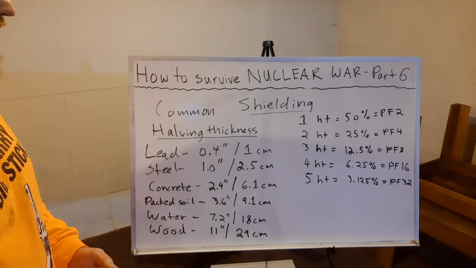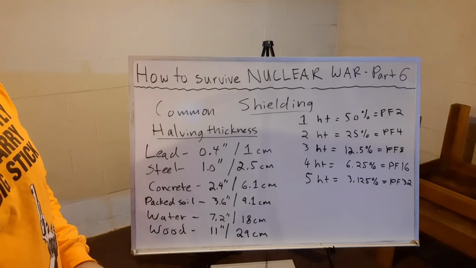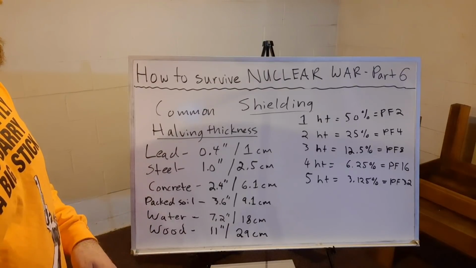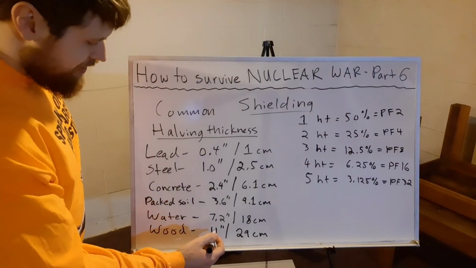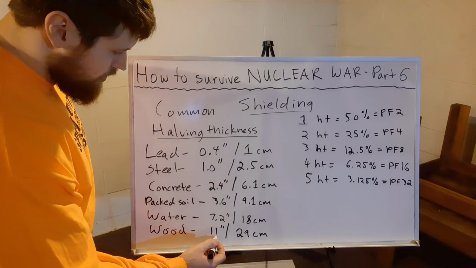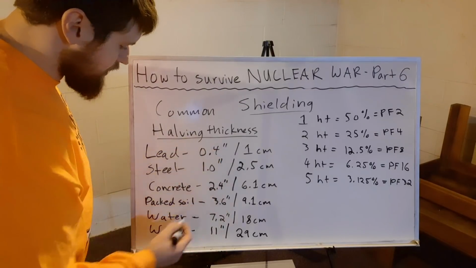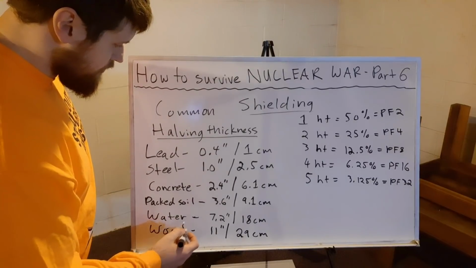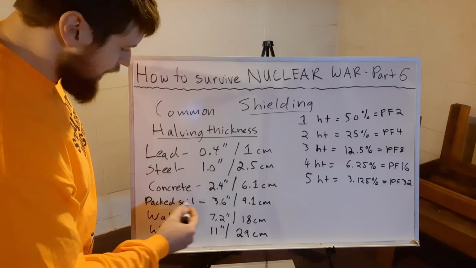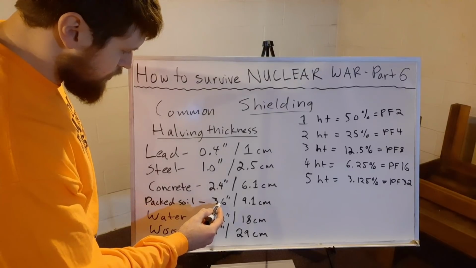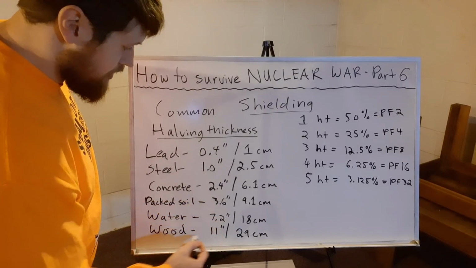You can use those as radiation shielding to build yourself a field expedient fallout shelter. But again, it takes 11 inches of wood just to get 1 halving thickness. Versus concrete, you only need 2.4 inches, or packed soil, you only need 3.6. So you would need a lot of wood.